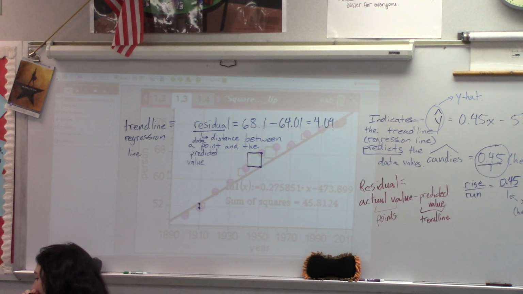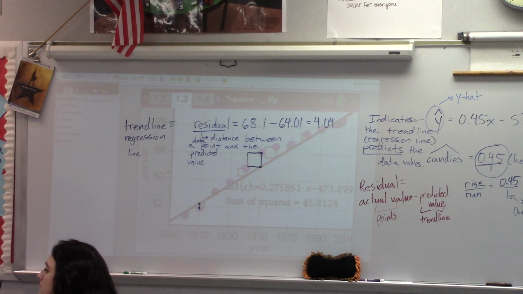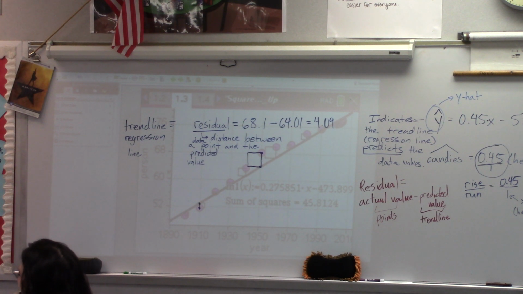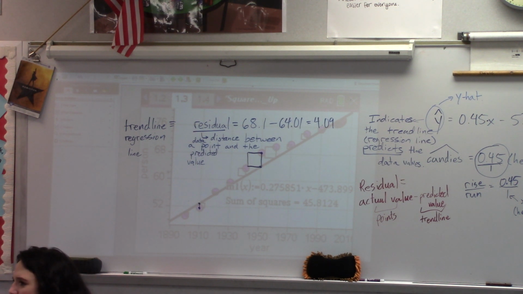No, he's talking about the square value. He said, how does his or her value compare? Yeah, all of that is different.